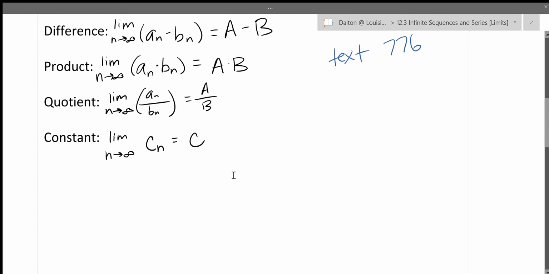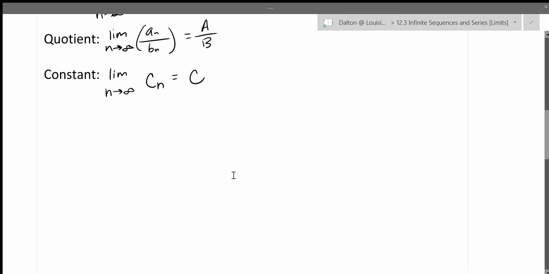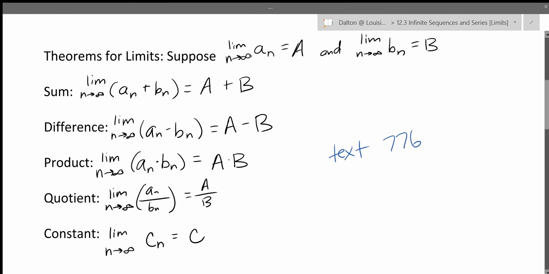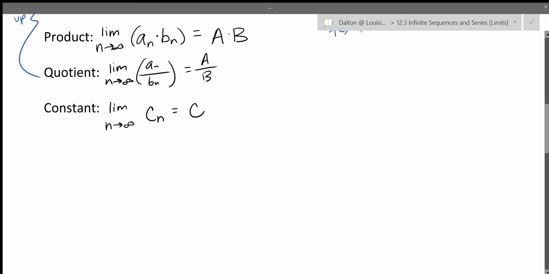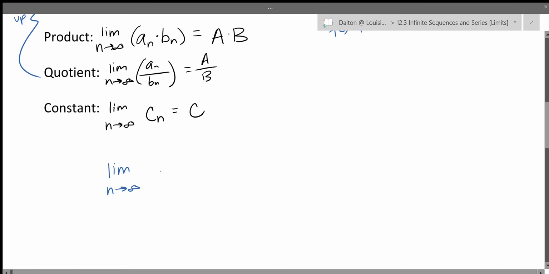Okay, so here's what I want you to remember. Two big takeaways, the things that we know for sure. The first: all of these operational theorems, you're just going to use these to break up your expressions into smaller numbers. The other thing that we know for sure is that the limit as n approaches infinity of 1 over n, we know that that limit is 0.